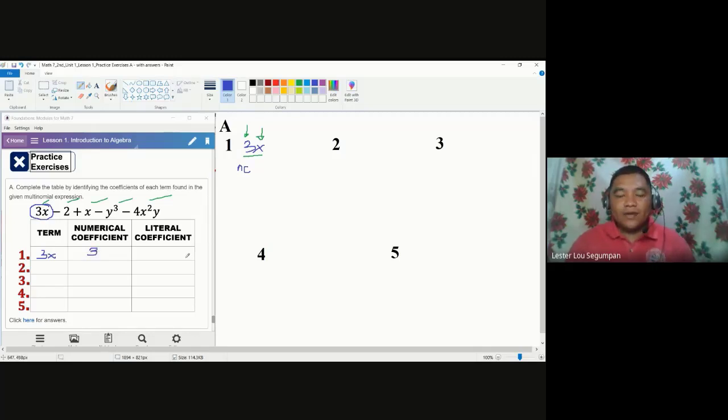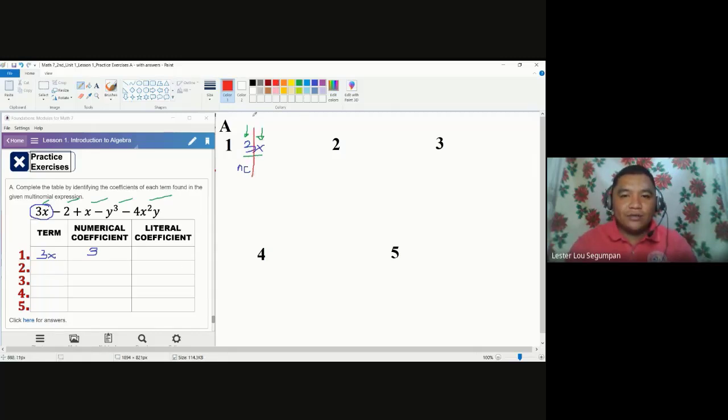After we have identified the numerical coefficient, the rest of the coefficients now are considered to be our literal coefficients. As we know, literal coefficients are the variables found in each term. Variables meaning they're represented with symbols or most commonly letters. Hence the term literal coefficient. In this case, we have already divided this.